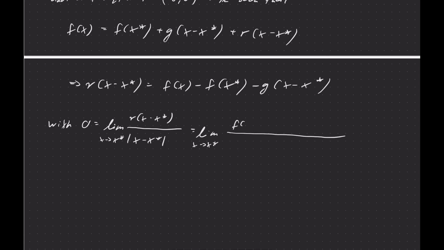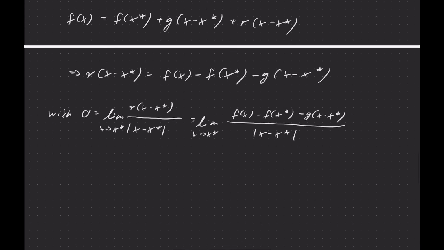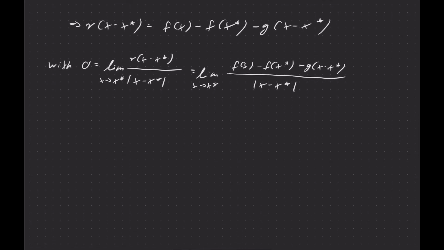So this is the limit of f of x minus f of x star minus g times x minus x star over the absolute value of x minus x star. Okay, and now we'll have to deal with that absolute value, and to do that we're going to make a case distinction.